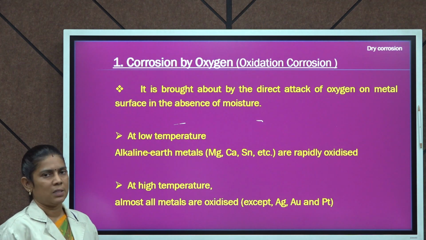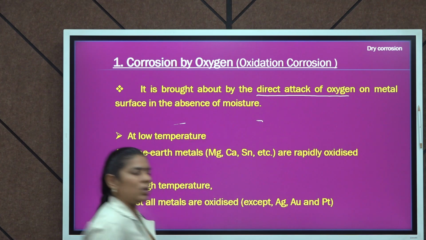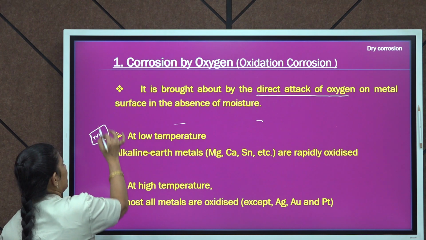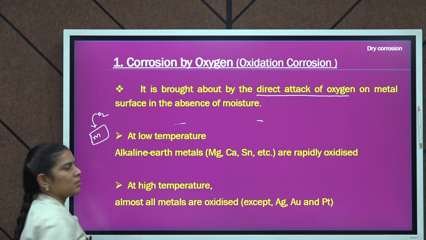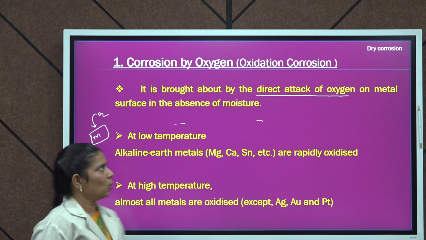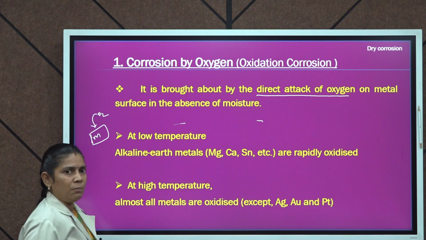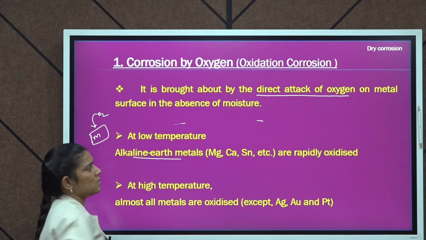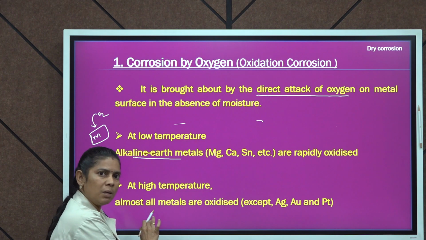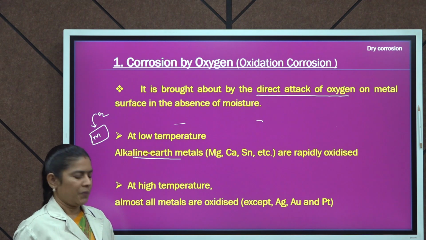Corrosion by oxygen: the direct attack of oxygen on the metal surface in the absence of moisture is called corrosion by oxygen. Even at low temperature, all alkaline earth metals are rapidly oxidized, and at high temperature all metals get oxidized except noble metals, because noble metals are corrosion resistant.